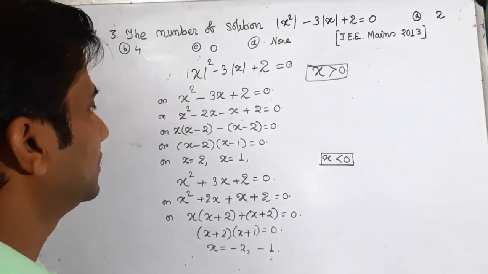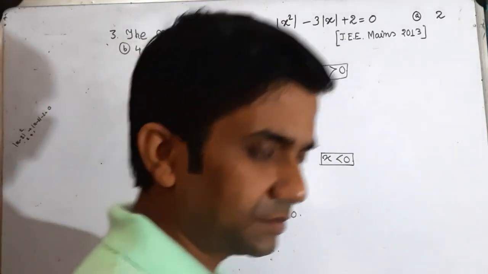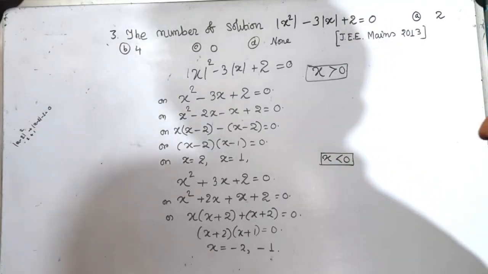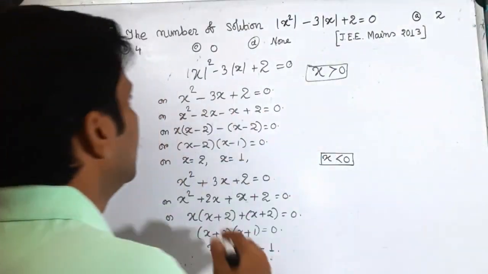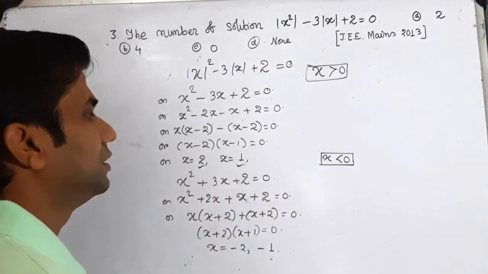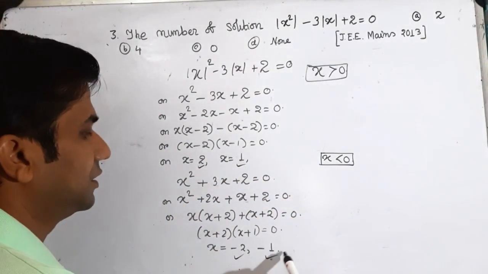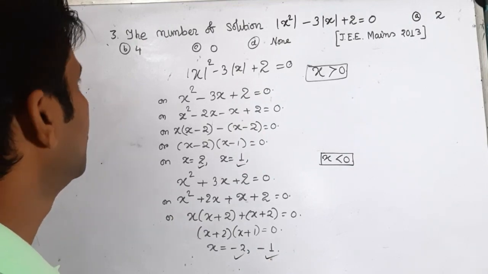Correct? You can see here easily that if x greater than 0, then these two are its solution, and if x less than 0, then these two are its solution.